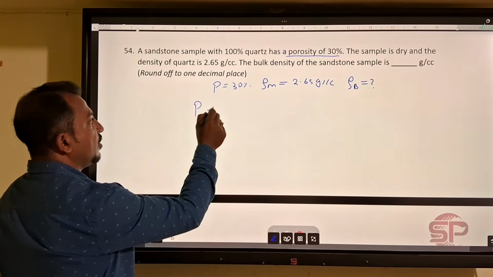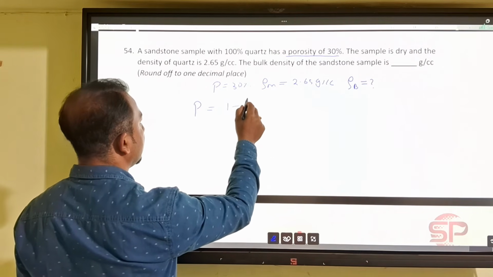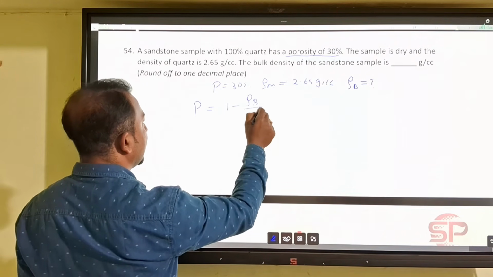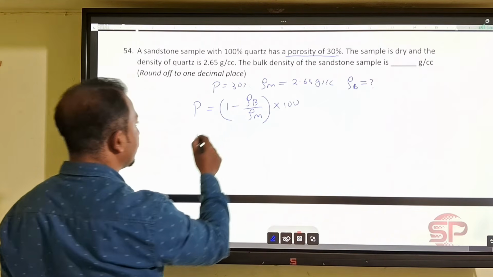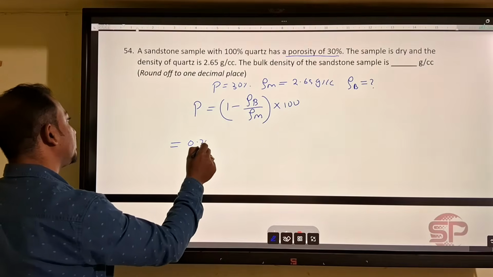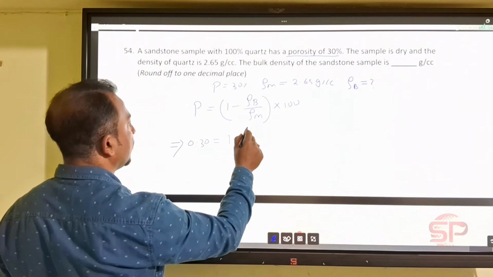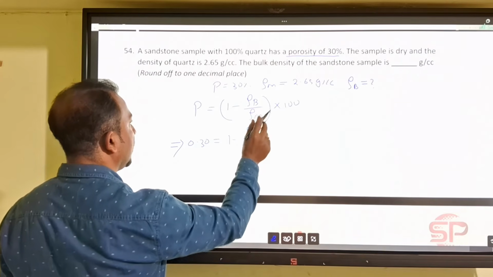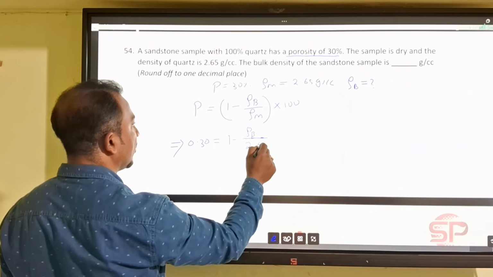So the formula is porosity equals 1 minus bulk density by particle density, into 100. Now porosity is given 0.30, you can say 0.3. So 1 minus rho b by rho m, where rho b we have to calculate and rho m is given as 2.65.